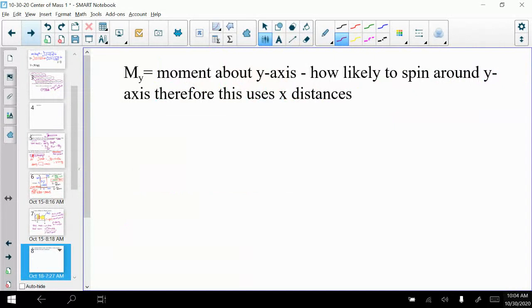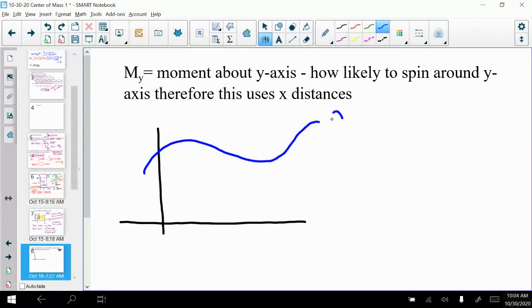So now I wanted to move to our moment about y. I said yesterday it's sort of the tendency to spin. It's a measurement of how much we kind of want to spin. I realize that my f and g are different. It's okay. Don't worry too much about it.